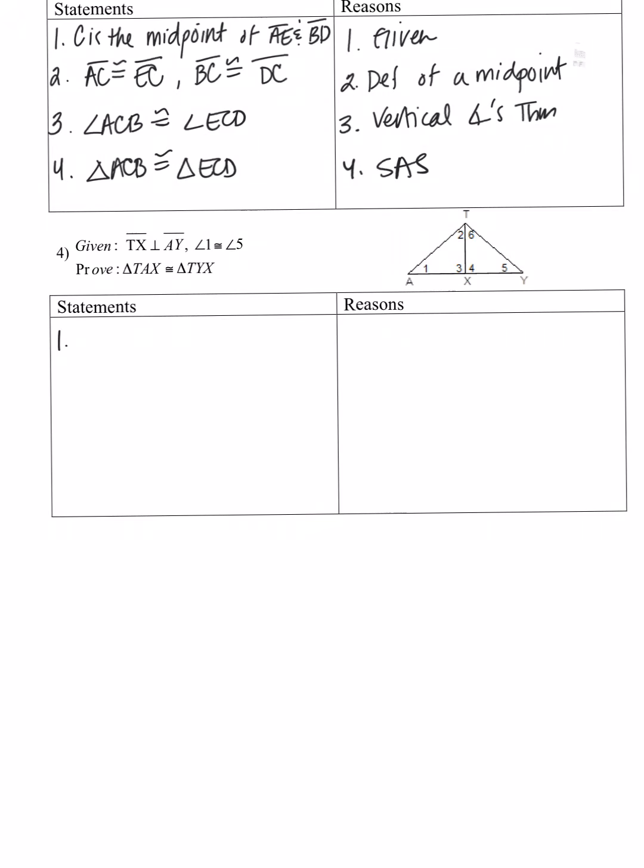Step 1, TX is perpendicular to AY, and angle 1 is congruent to angle 5. This is all given. Okay, well, if TX is perpendicular to AY, that tells me angle 3 and angle 4 are right angles.